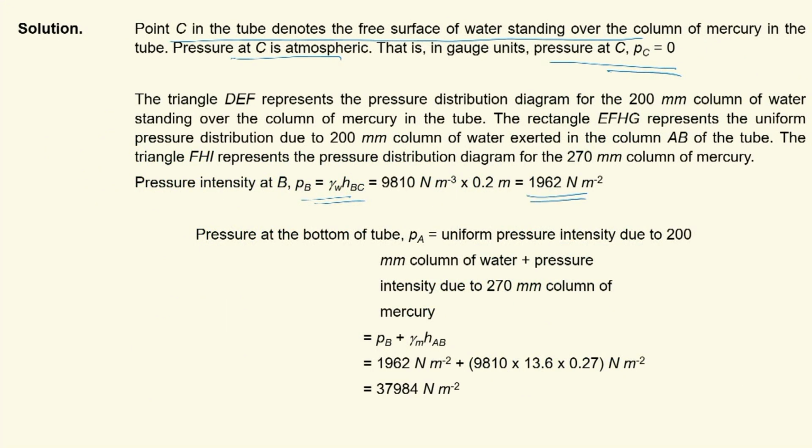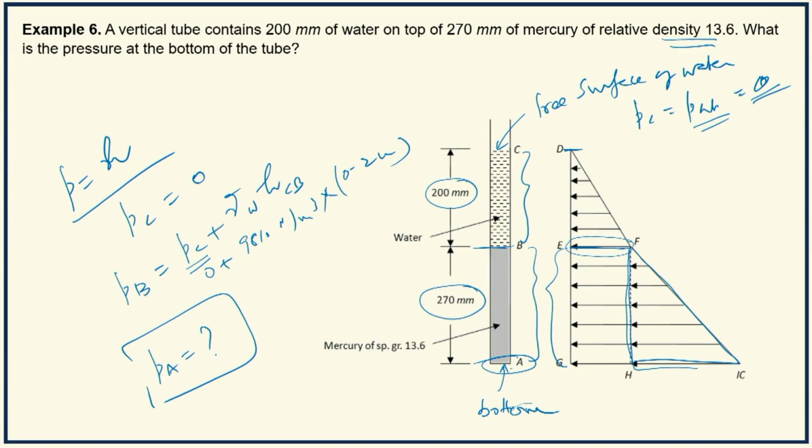The pressure at the bottom of tube A is equal to the uniform pressure intensity due to the 200 millimeter column of water, that is 1962 Newton per meter square. That is, PA will be equal to the uniform pressure intensity due to the 200 millimeter column of water, that is pressure at B, plus the varying pressure from B to A due to the standing column of mercury, that is gamma M into HBA. HBA is 270 millimeters.